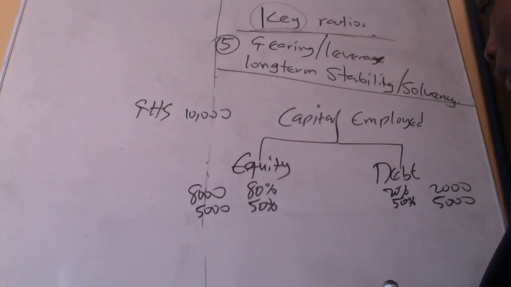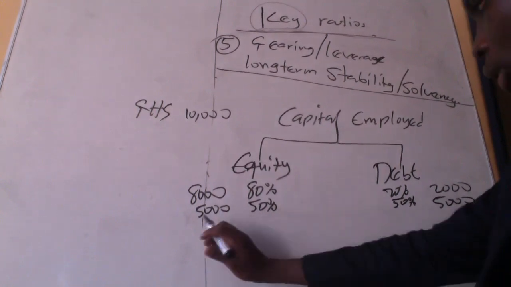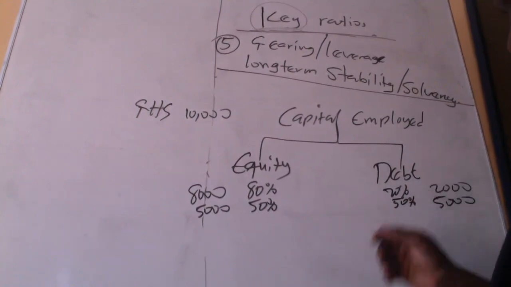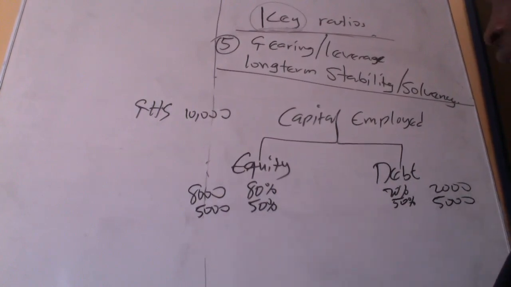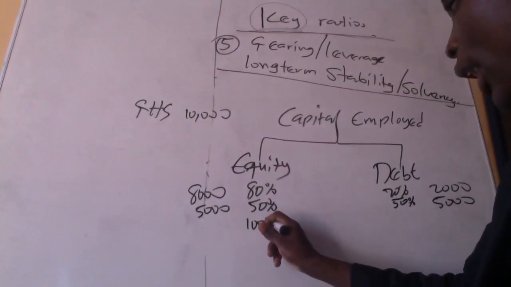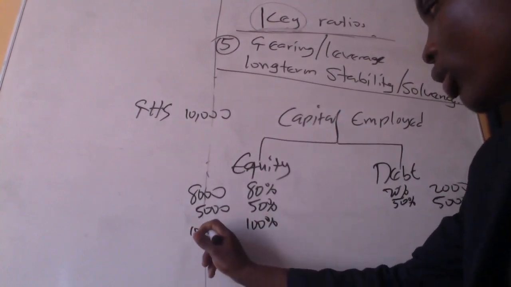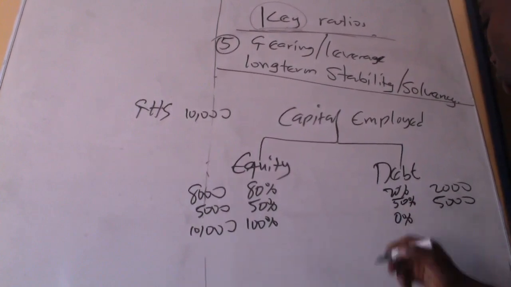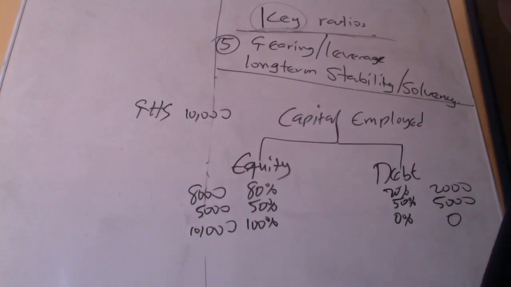Then next one, someone says, I don't like that, it's a risk averse type. I want 100% to be equity. So all the 10,000 have to come from equity. I want 0% as debt. So 0 Ghana cedis should be debt.